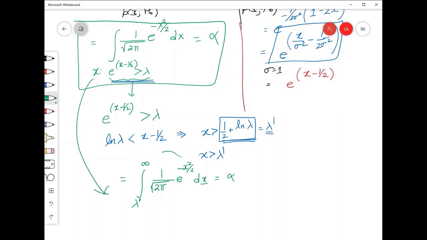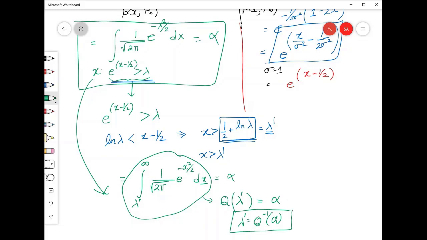And as you recall from our earlier class, I can write this in a Q form, and this is Q of lambda hat is equal to alpha. Now, depending on the value of alpha, I can get lambda hat. Lambda hat is equal to Q inverse of alpha. And this is my statistic.